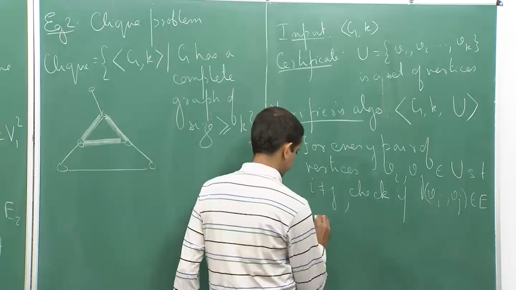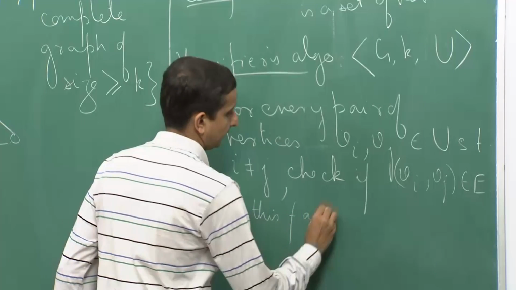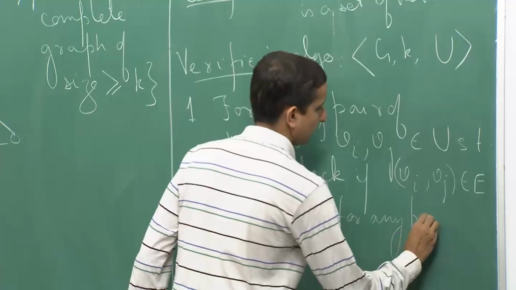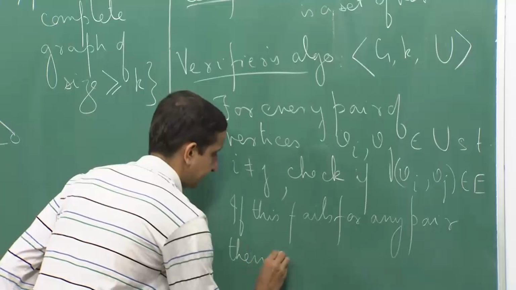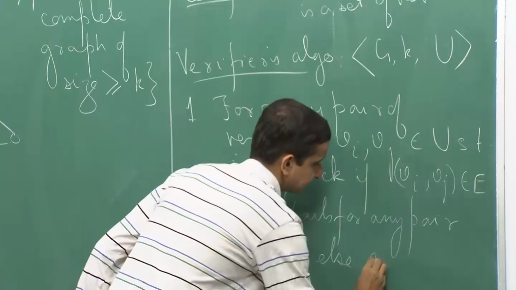Okay. So, if this fails for any pair, then reject, else accept.